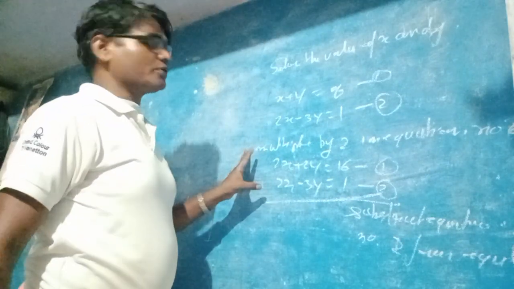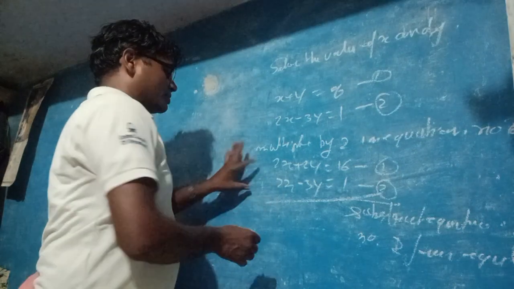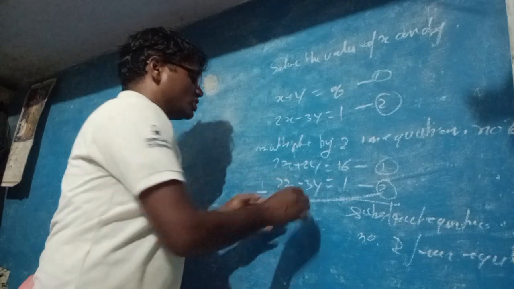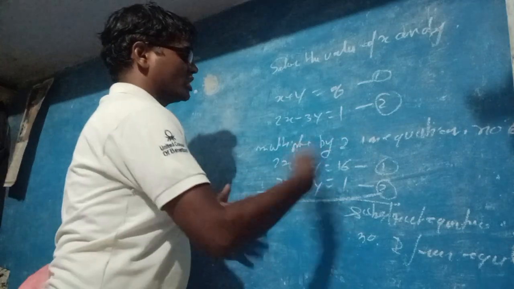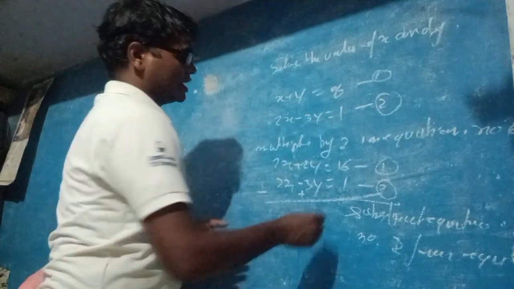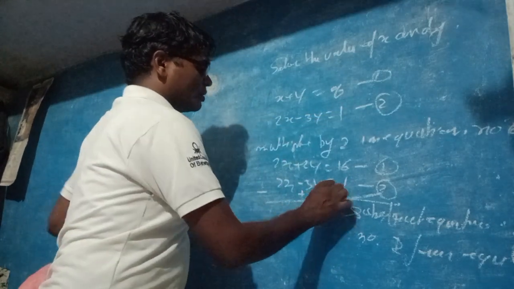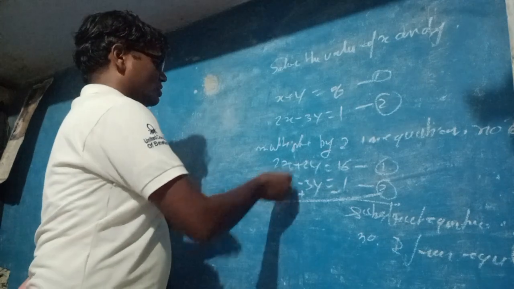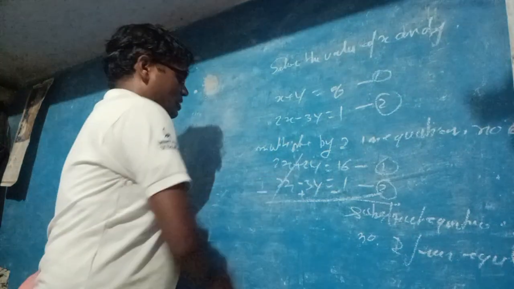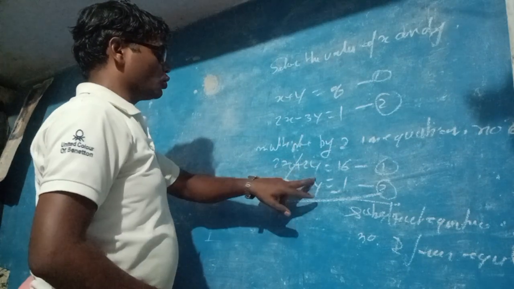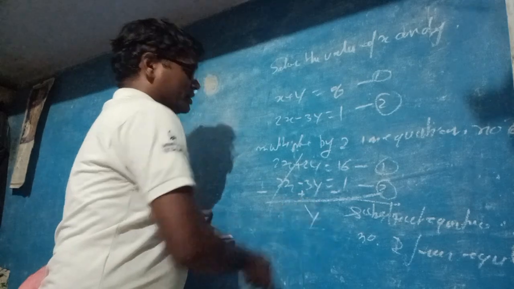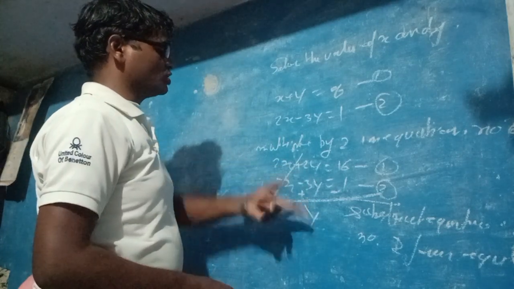After subtracting, the sign of subtraction changes: the minus changes into plus. On the right side, the first equation has 16 and the second has the constant 1. Here 2x minus 2x cancels out, and 2y minus 3y gives us minus y.